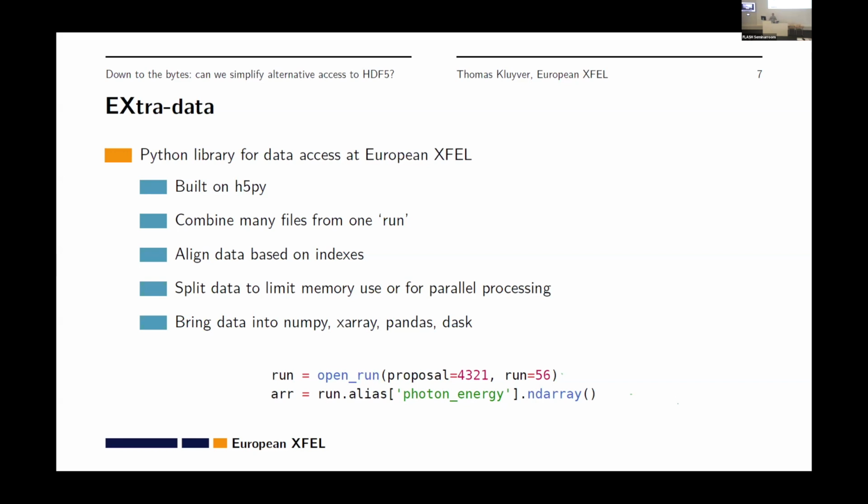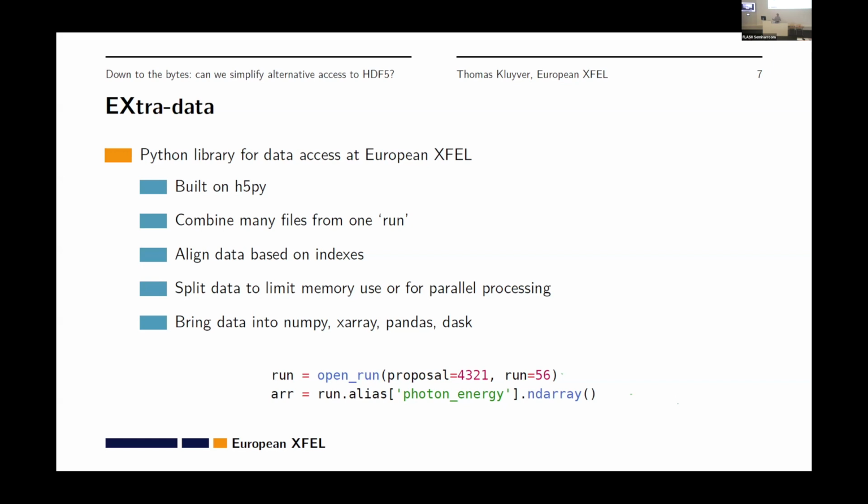So the starting point of Extradata is that we present this run as one object. You don't have to know about all of these, dozens up to hundreds, sometimes thousands of files that make up the run, and it can track down the data that you want within the right files.